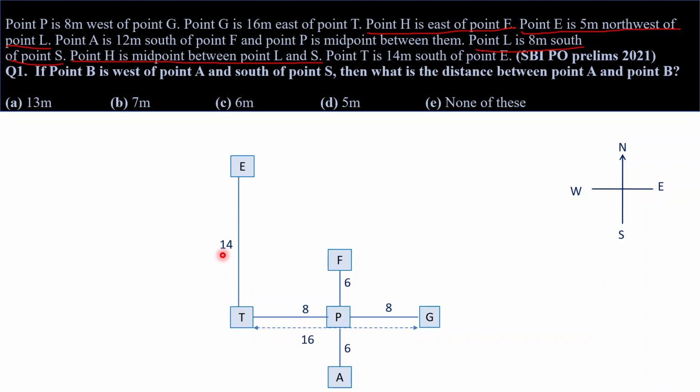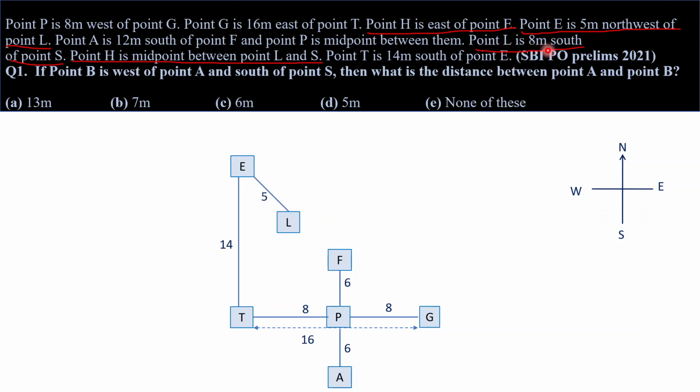Both are same. Okay. Now let's proceed to our underlined hint. Point H is east of point E, so it should be somewhere here. Point E is 5 meter northwest of point L. So the direction of point E with respect to point L was northwest and the distance between them was 5 meters.